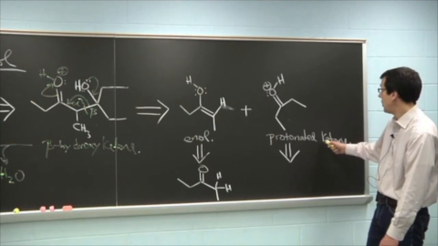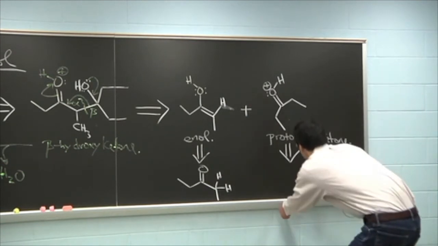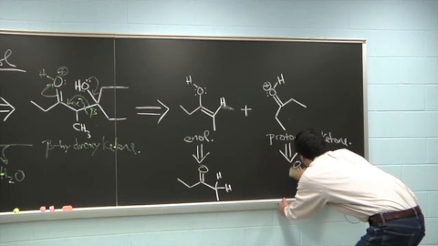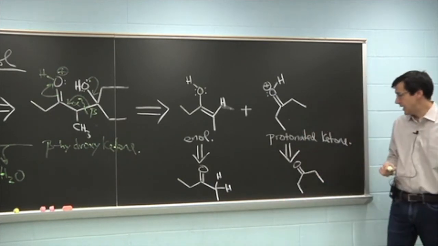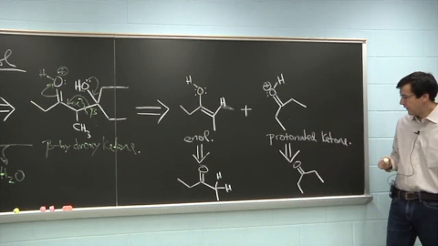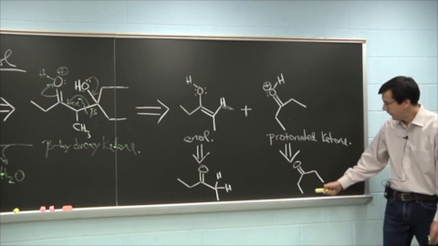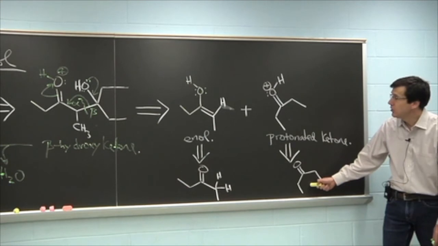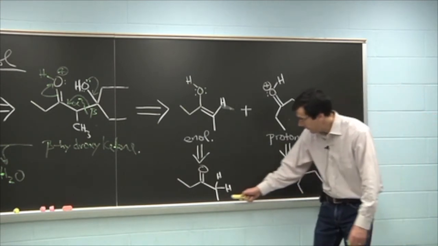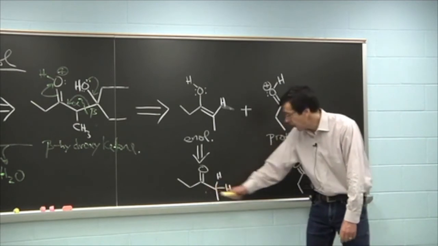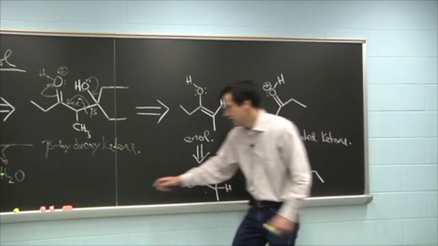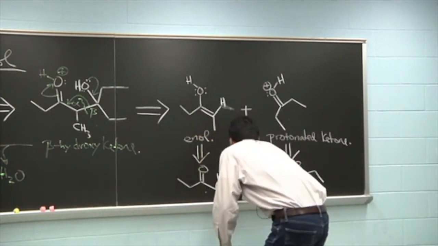And then this protonated ketone, well, what ketone did it come from? It came from that ketone right there. So the final part of this question is, what is the relationship between this molecule that we're going to use for a synthesis of the target compound and this molecule right here? All right, so what are those to each other? These are one and the same.